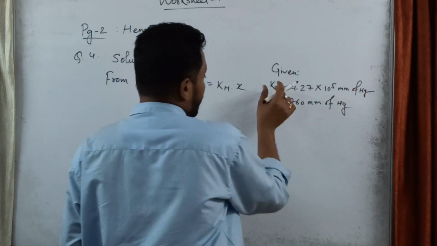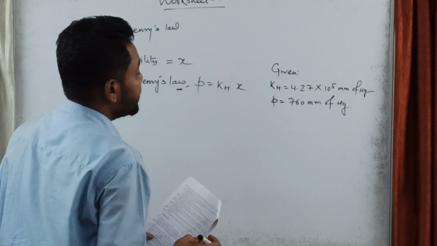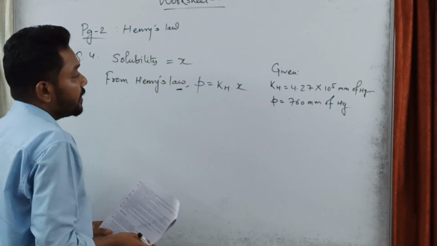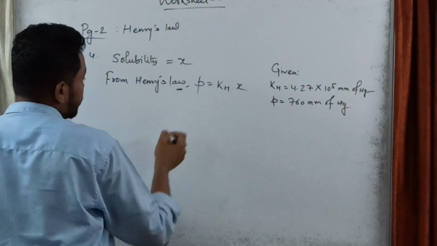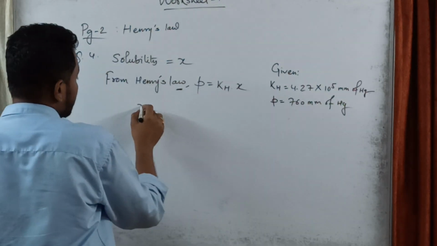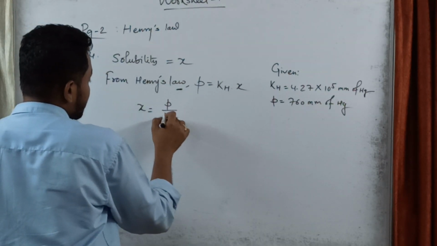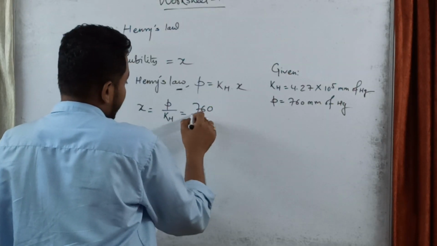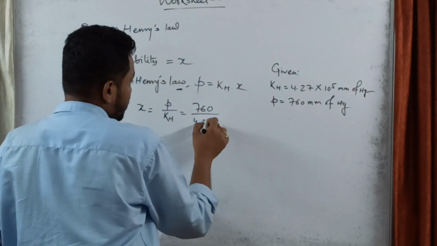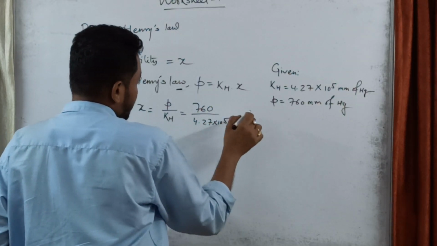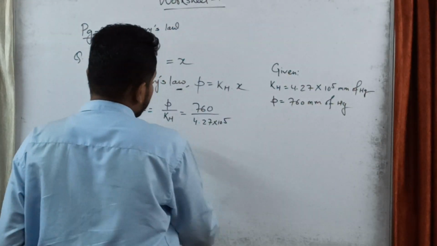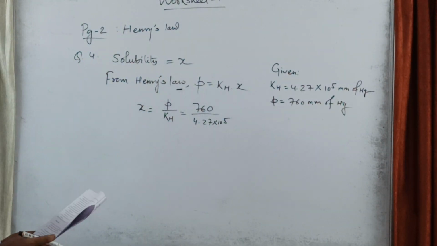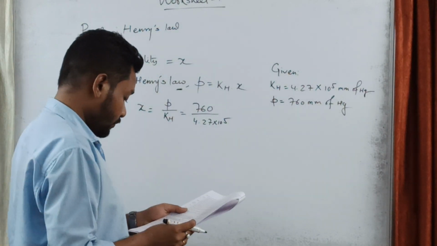You can see both Kh and pressure are of the same unit, millimeter of mercury. So from Henry's law, P equals Kh into X, so X will be P by Kh. P is 760 and Kh is 4.27 into 10 to the power 5. Just simply calculate, you will get the X value. Calculation you will do at home.